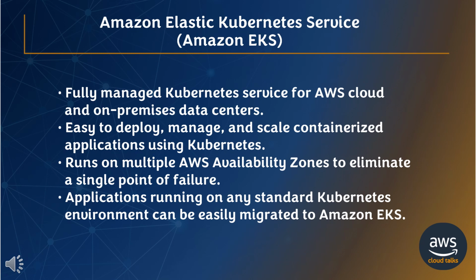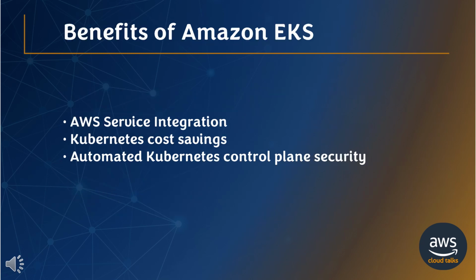migrated to AWS. Let's talk about the benefits of Amazon Elastic Kubernetes Service, Amazon EKS. Amazon EKS offers the following benefits for an organization: AWS service integration, Kubernetes cost savings, and automated Kubernetes control plane security.